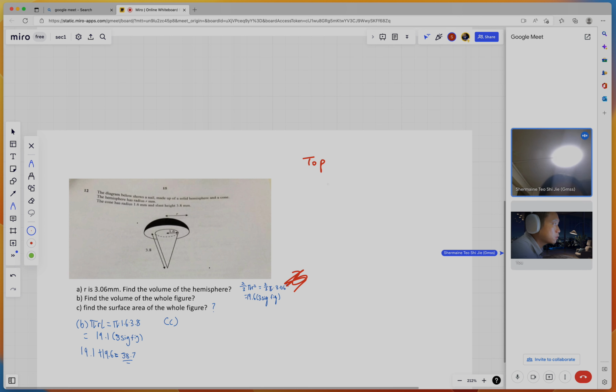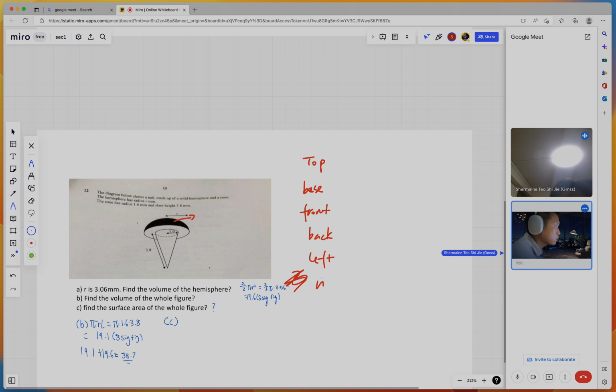No. So then what do you consider this black one? We say we need to use top, base, then front, back, and then left and right.